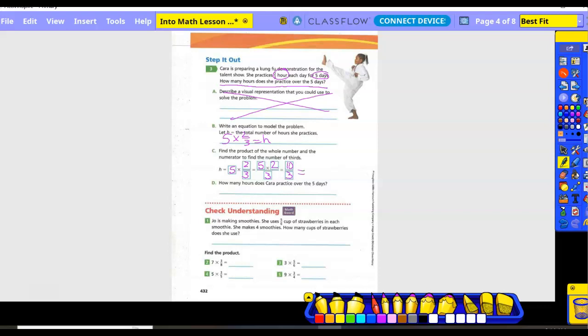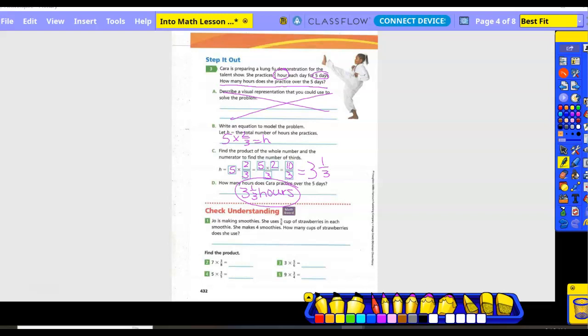No. So how many times does 3 go into 10? 3 times. 3 times 3 is 9. 10 minus 9 is 1, and then 3. So 3 1/3 hours.